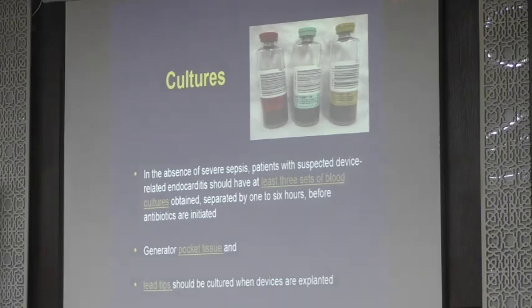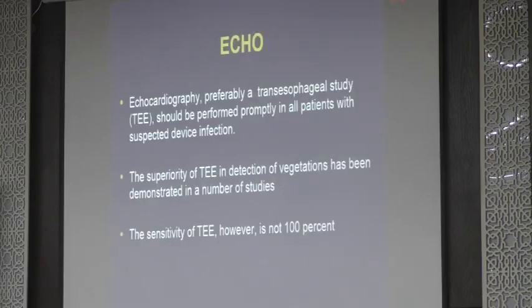If your cultures are negative, or if you cannot do blood cultures, usually we use, once you extract and explant the system, tissue culture or a lead tip. Echocardiography: according to the guidelines, TEE should be performed in all patients with suspected device infection.